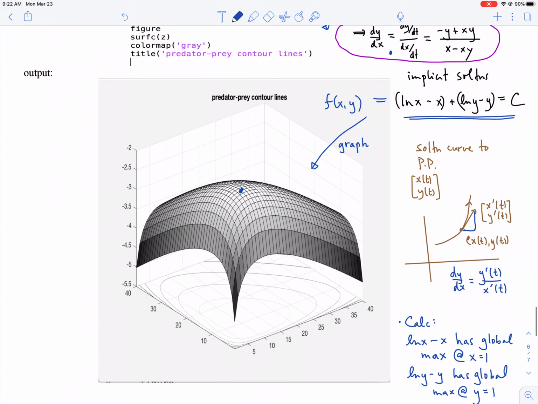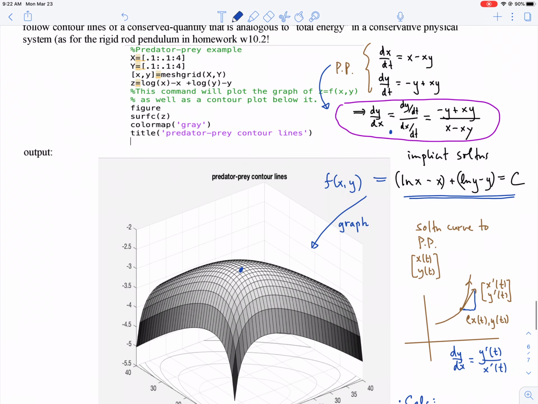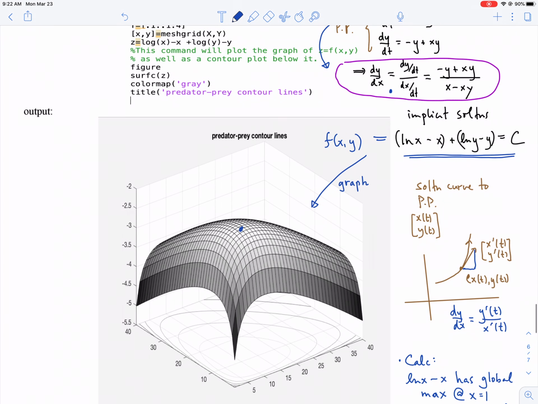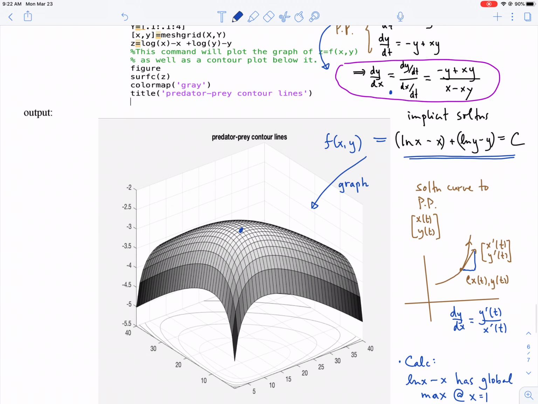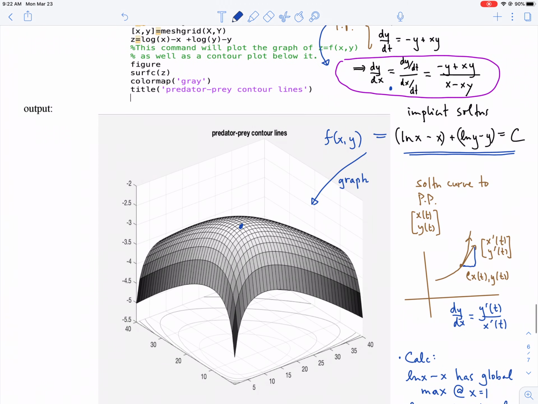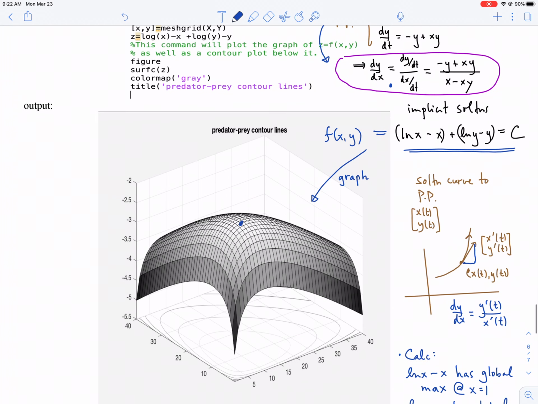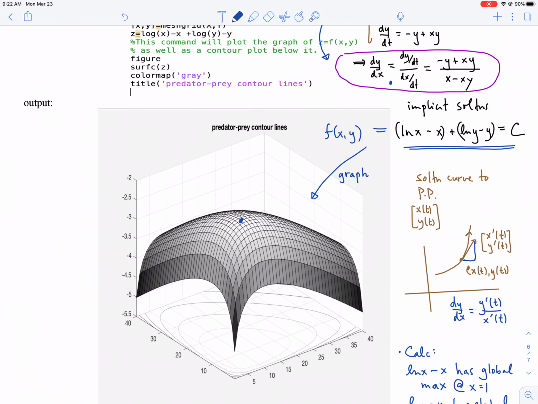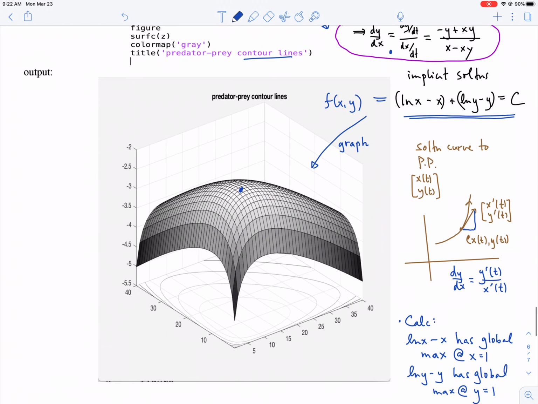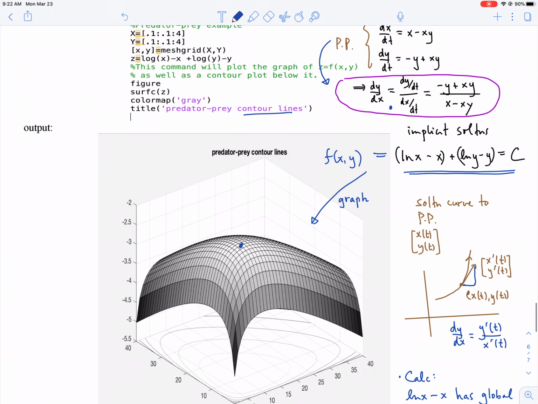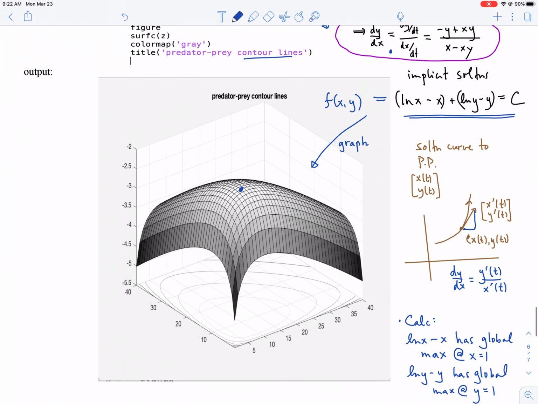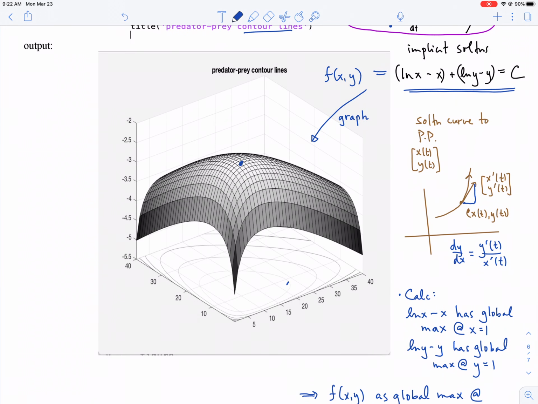And this is just a quick MATLAB script which drew the graph of f. I wish it would have drawn it with contours, but I'm not great with MATLAB, so I didn't get that. But at the bottom, with the contour lines option, you can see this is a plot of the level curves.